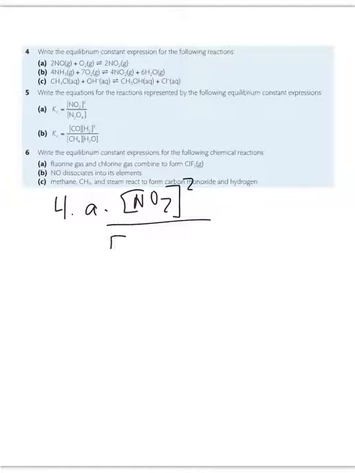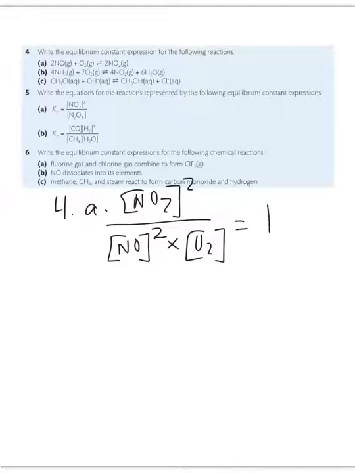And on the bottom, it's going to be the concentration of NO squared, because that also has the coefficient. And then it's times, not plus, but times the concentration of O2, and that's just to the first power, so I don't need to bother with an exponent.